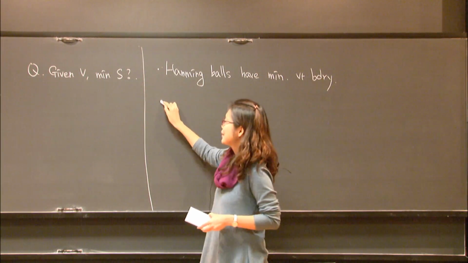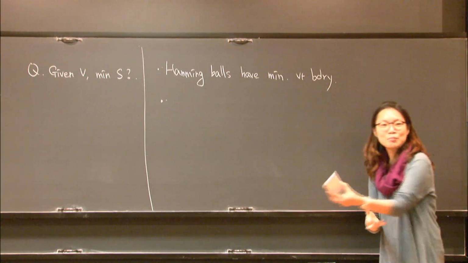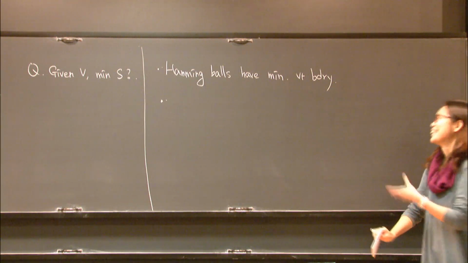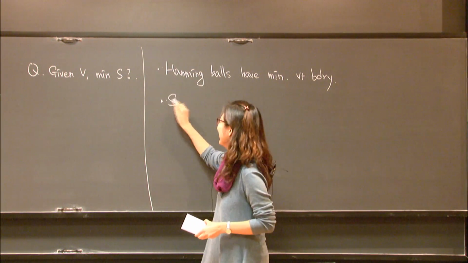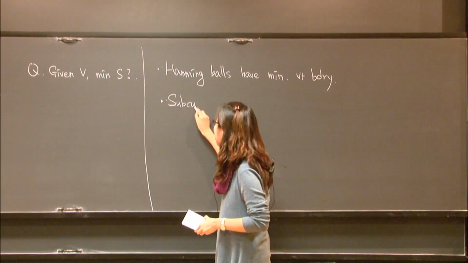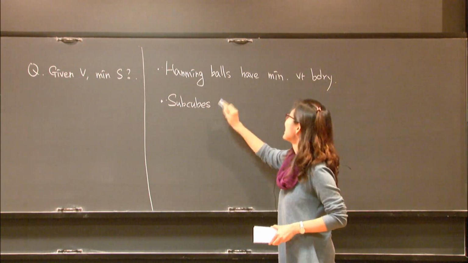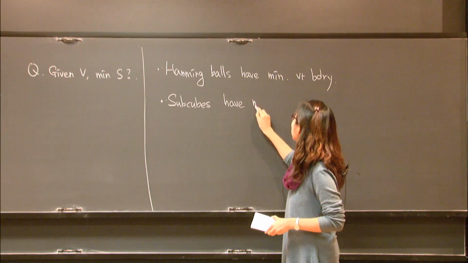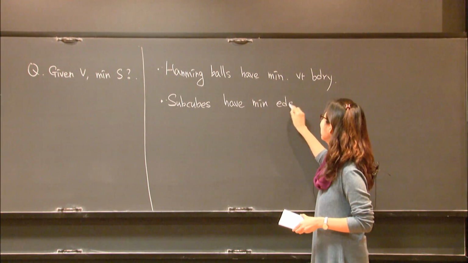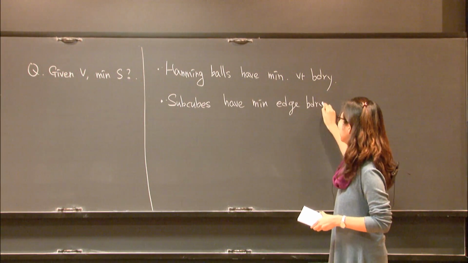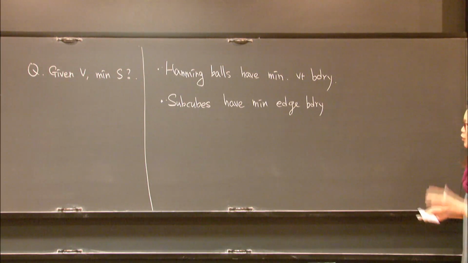On the other hand, the minimum edge boundary is achieved by subcubes. Subcubes have the minimum edge boundary. Maybe I just switched them.